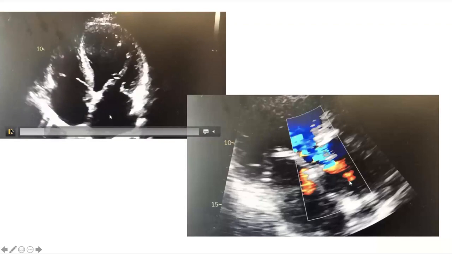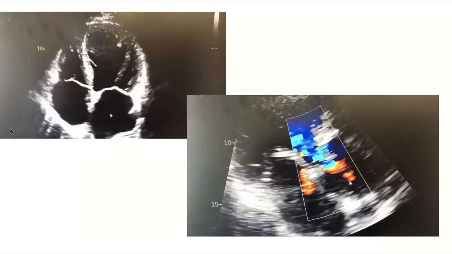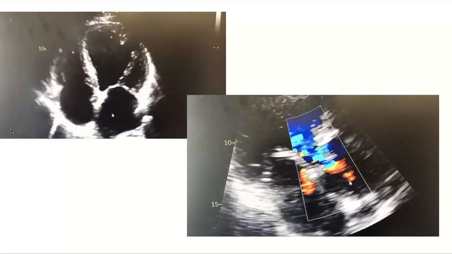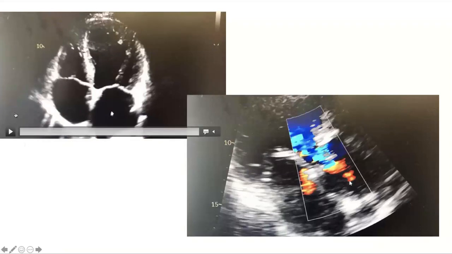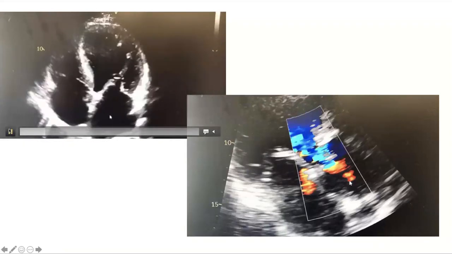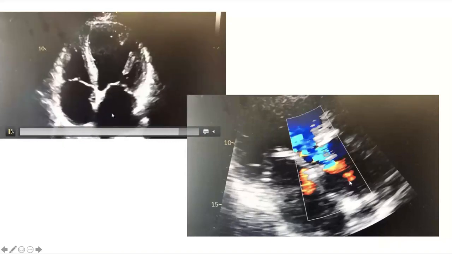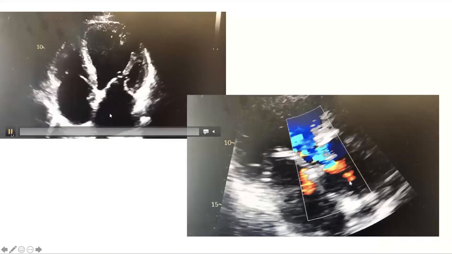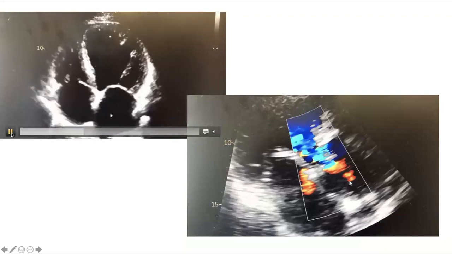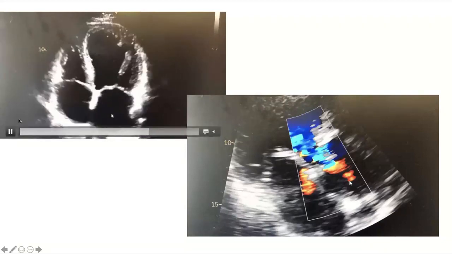The left atrium appears to be enlarged, so on the parasternal long axis we would have done a left atrial diameter, and we can also use this four-chamber view to do our left atrial volume index. But both atria appear prominent, especially the left atrium, which appears enlarged.